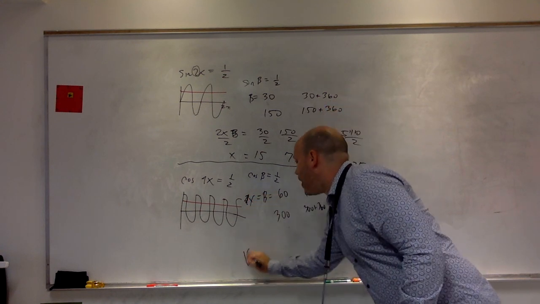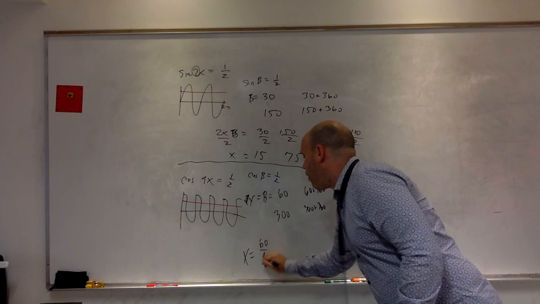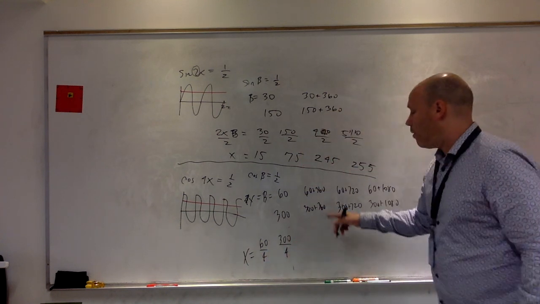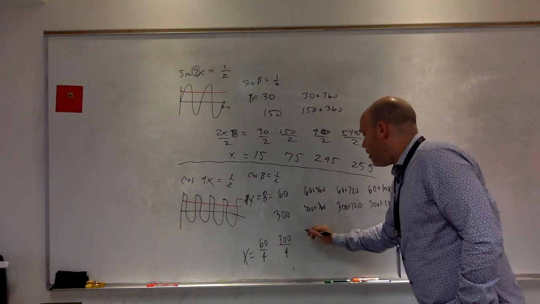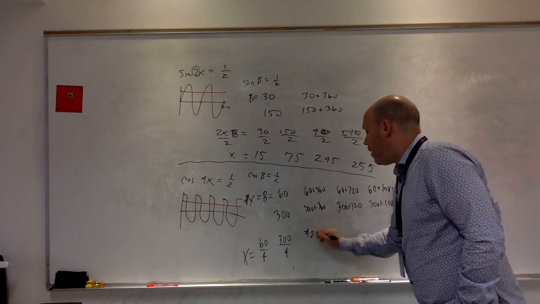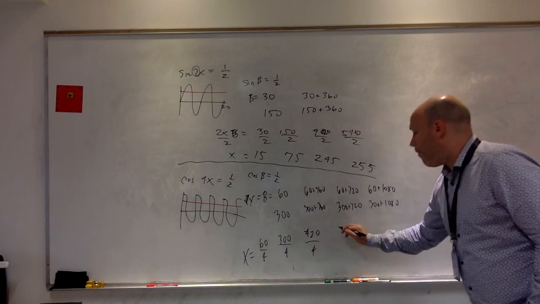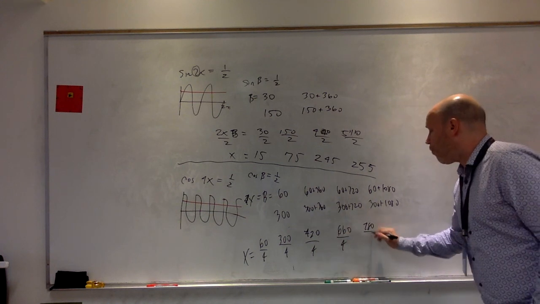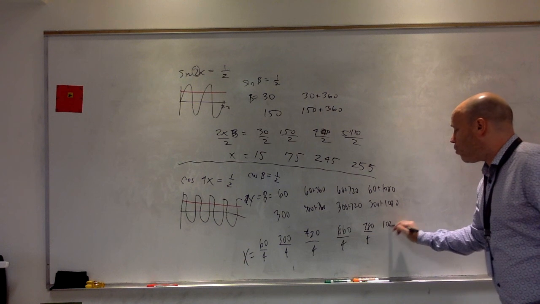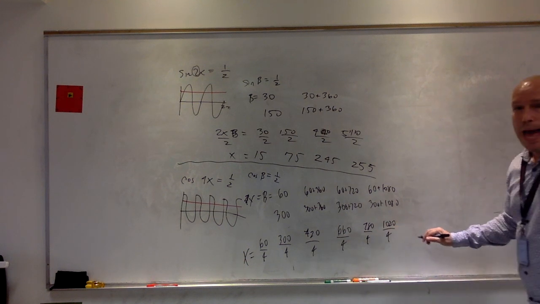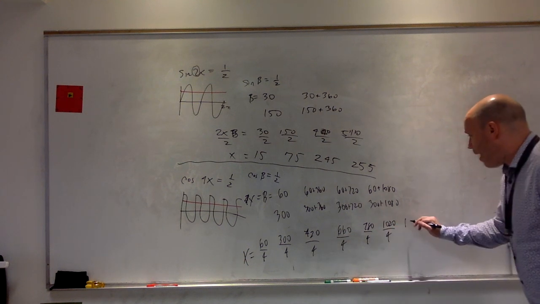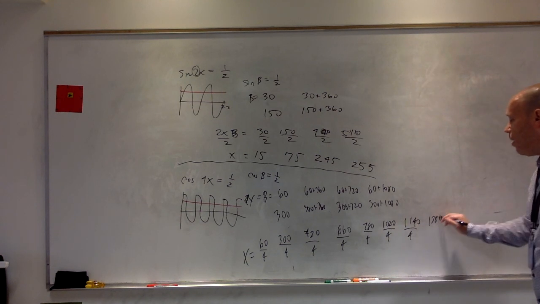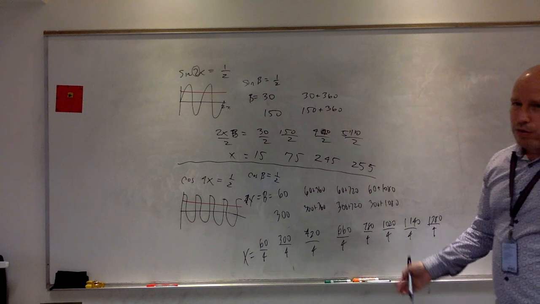So x is equal to 60 over 4, 300 over 4, 420 over 4, 660 over 4, 780 over 4, 1020 over 4, 1140 over 4, and last we have 1380 over 4, and you get your answers.